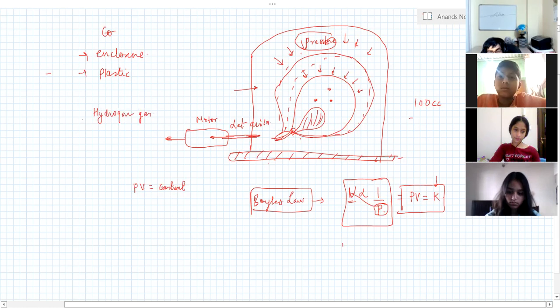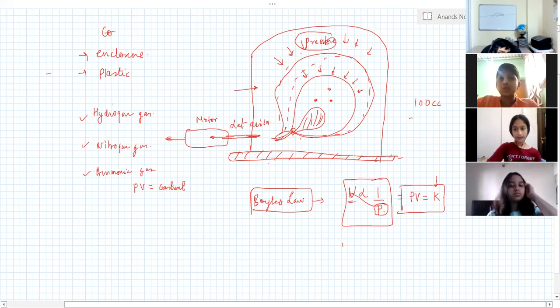You can take a different gas, nitrogen gas also, or ammonia gas also. Then you take this hydrogen gas and subject it to different pressures and different volumes. So you say hydrogen.